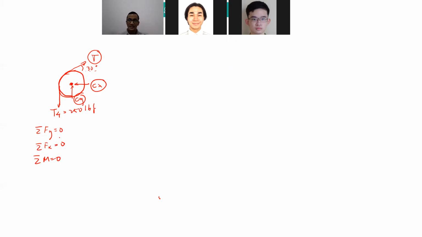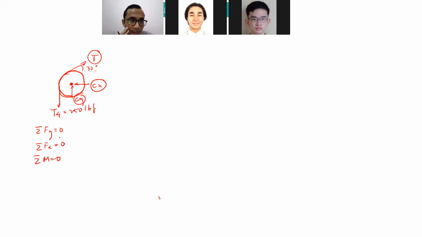I will give you a hint then. If you use sigma Fy, you will have the sine component of T, and you will have Cy as well. So in one equation, you will have two unknowns, and you will not be able to solve it directly. It's not necessary to always use this way, but it will help ease the calculation.